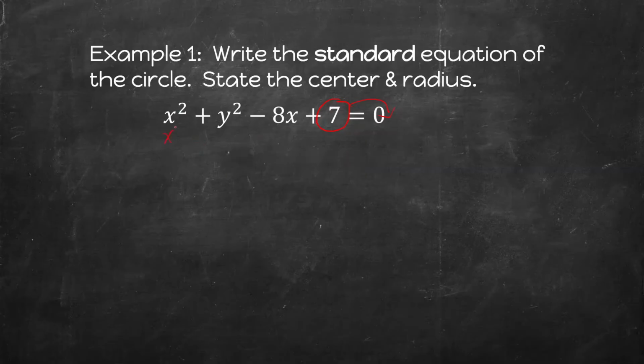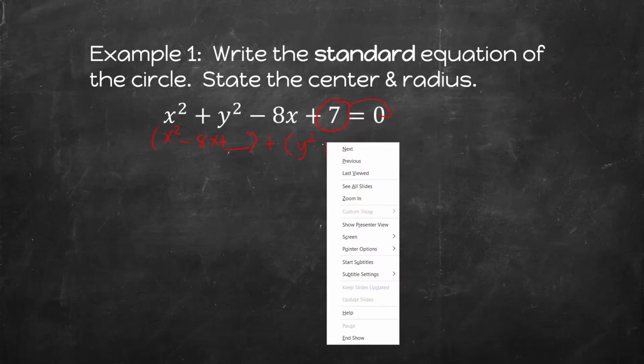So, we have x squared. Isasama natin si minus 8x. And then, maglalagay tayo dito. Mag-a-add tayo dyan. Dito naman si y squared. Plus si y squared. Mag-a-add tayo dyan. Sorry.